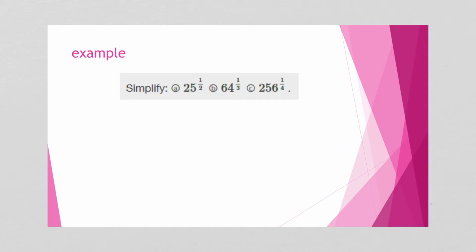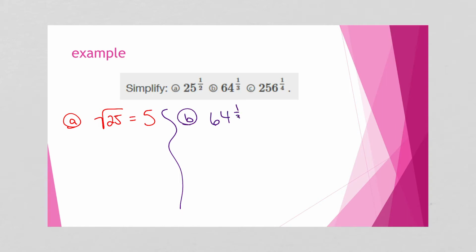Now let's go ahead and simplify this. 25 to the 1/2 power means the square root of 25, which is 5. Let's look at B. 64 to the 1/3 power is the same thing as the cube root of 64. So what times itself 3 times gives you 64?